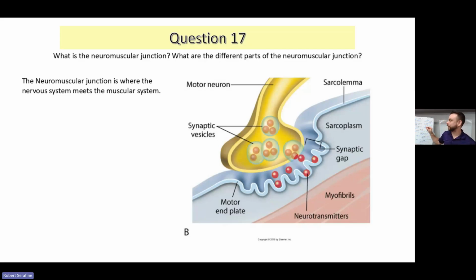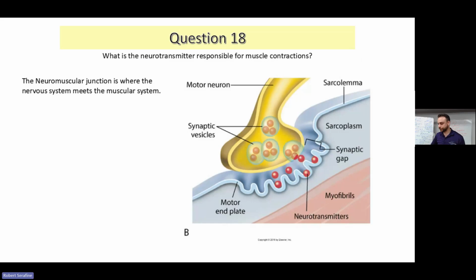There is a gap, and we call that the synaptic gap, where we pass molecular neurotransmitters across that gap to bind to receptor sites in the sarcolemma, which then tells the muscle to do things. The neurotransmitter you're seeing in this image is acetylcholine, which is the primary neurotransmitter of the nervous system to facilitate the process of muscular contraction.